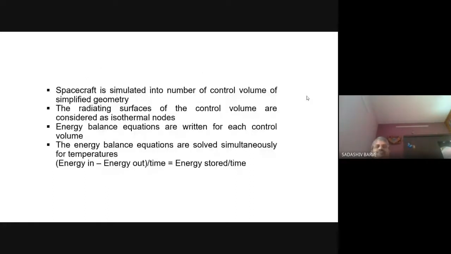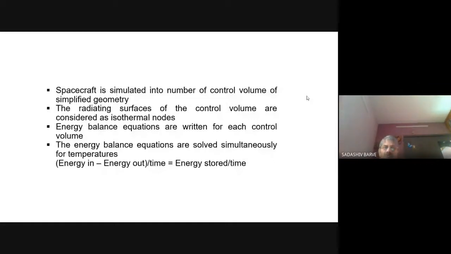Now, what is done in a spacecraft thermal design? The spacecraft is simulated into a number of control volumes of simplified geometry. What is simplified geometry? They can be either rectangle, triangle, or trapezium, that kind of thing. The radiating surface of the control volume is considered an isothermal node.